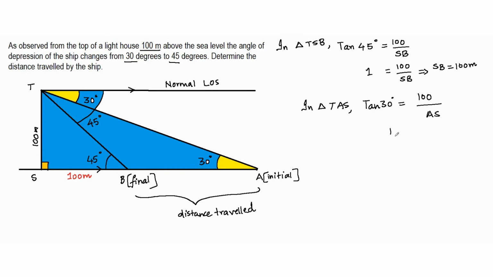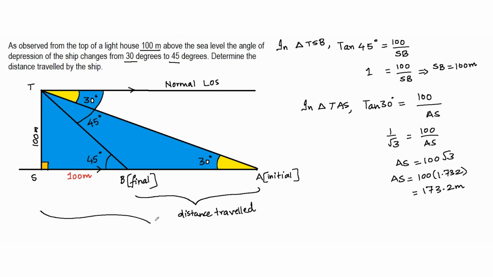I know that tan 30 is 1 over root 3. So 1 over root 3 is 100 by AS, which implies AS is 100 root 3. And I can definitely calculate the value of AS. 100 root 3 means 100 multiplied by 1.732, and that is going to be 173.2 meters.